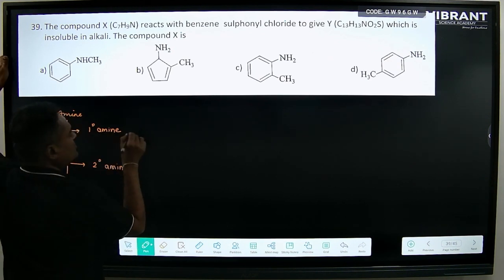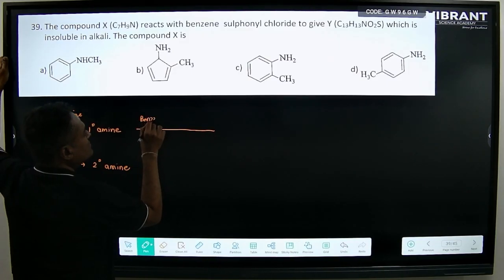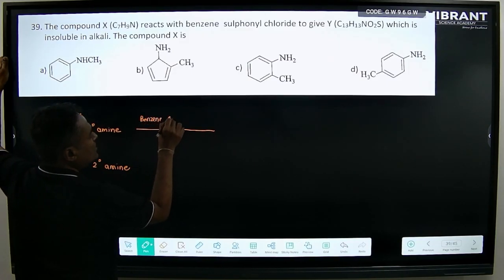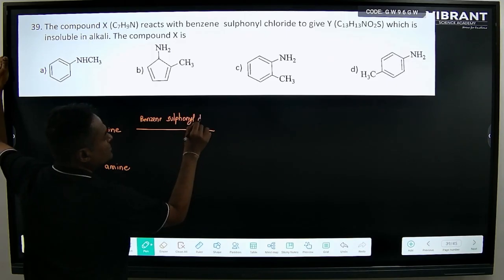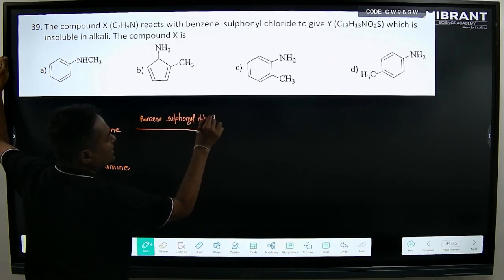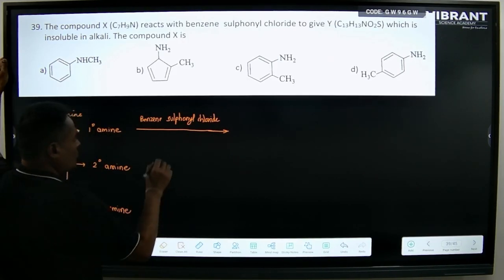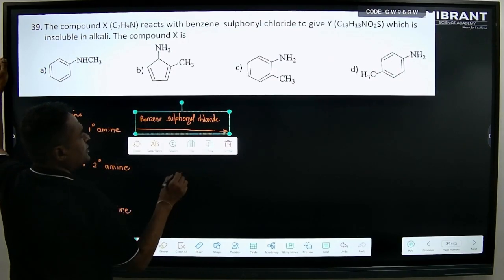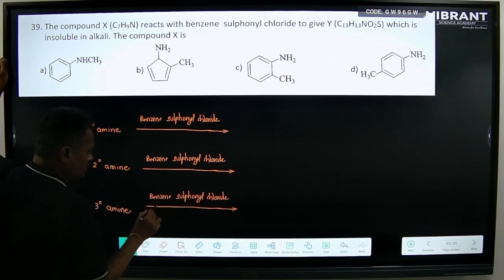Now, when a primary amine is treated with benzene sulfonyl chloride, what will happen? Same thing, I will copy this again and put it over here.